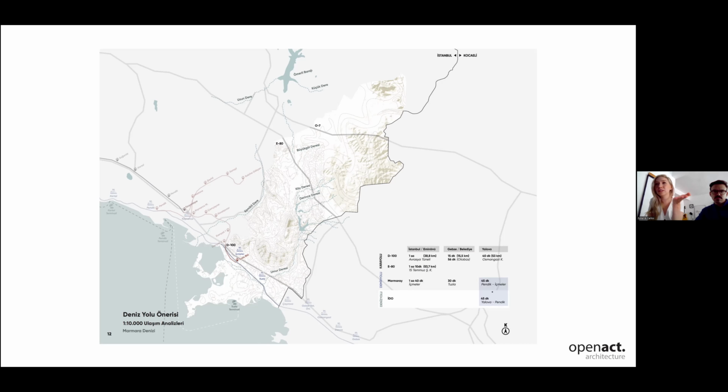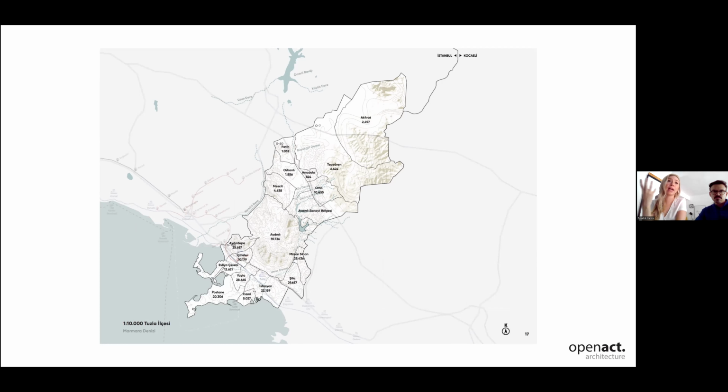And when seeing that, you understand how urbanization caused a huge sprawl, and how the E5, or Marmara, is actually a boundary between the green and the urban. And how do you overcome that, right? There's an artificial boundary there, which is a road placed there. So again, the neighborhoods, which neighborhood is how big and how many people live in each one of them. Again, there's another data layer.